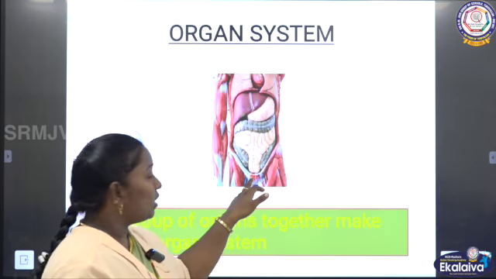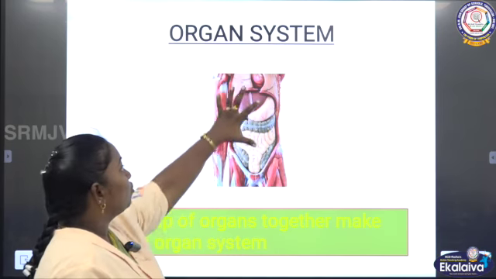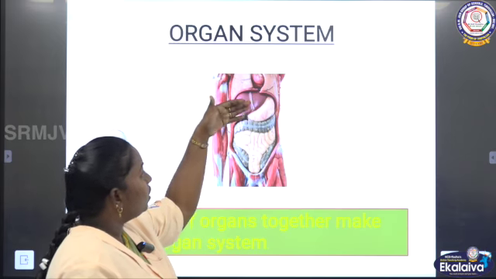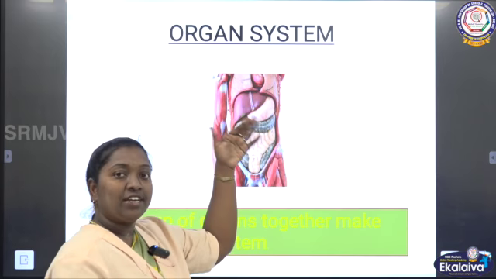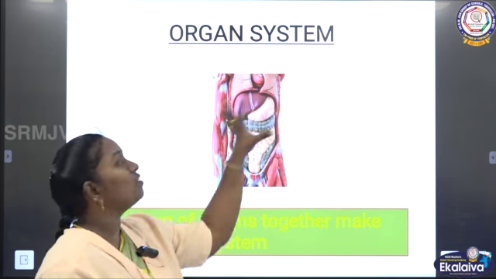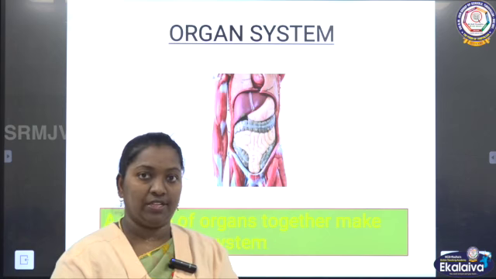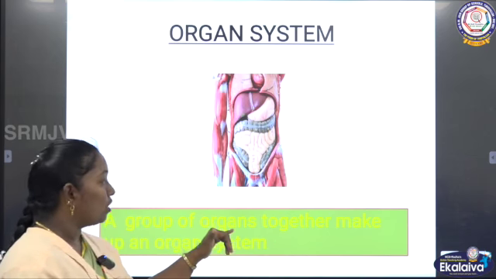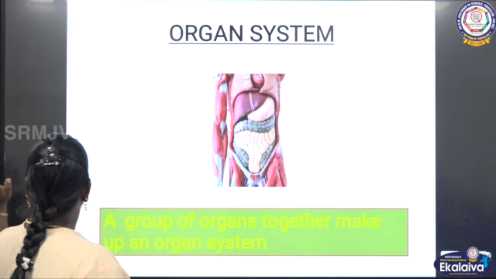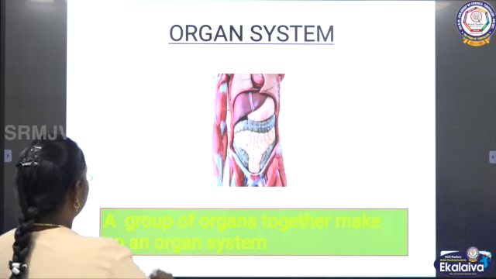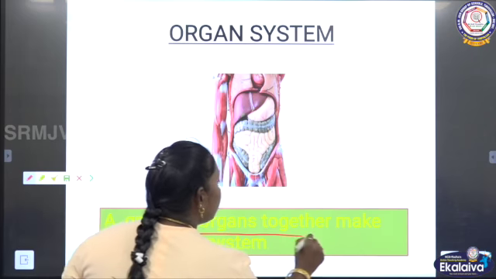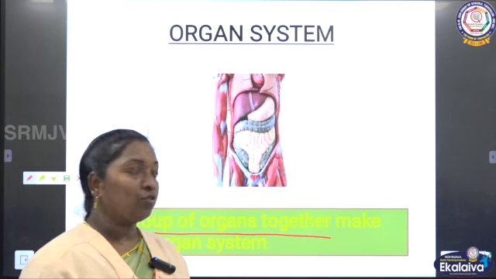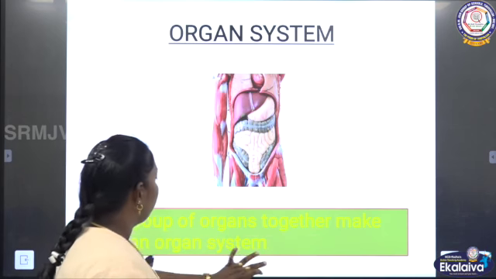A group of organs like heart, lungs, liver, stomach, small intestine, large intestine are grouped together. A group of organs together makes a function in our body. It is called an organ system.